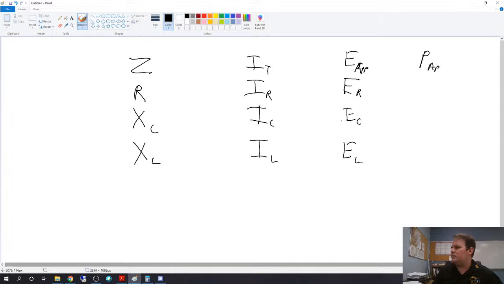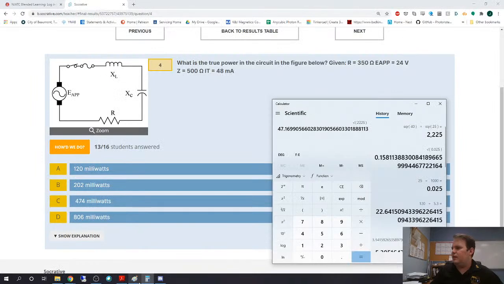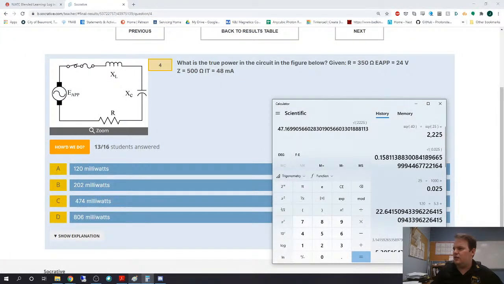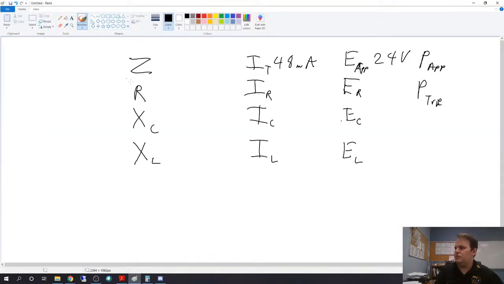P apparent and P true. And I'm going to get into the question now. We got 350 ohms, 24 volts, and 48 milliamps. 350 ohms. Okay.